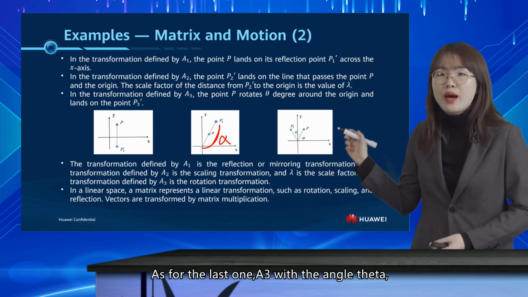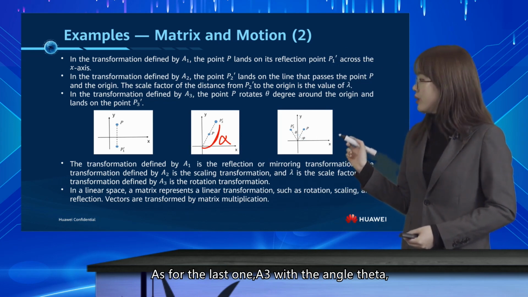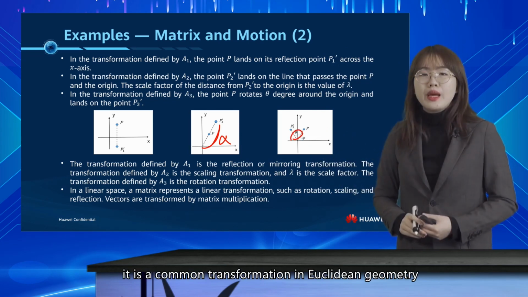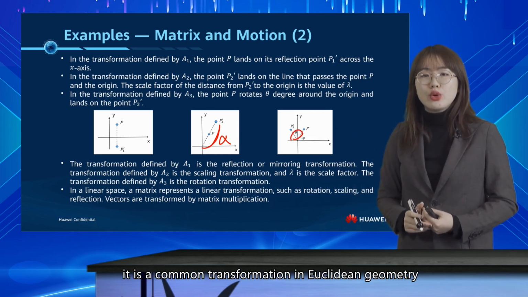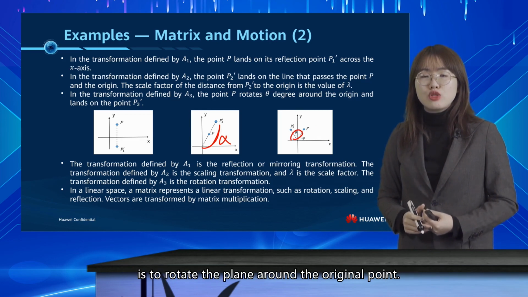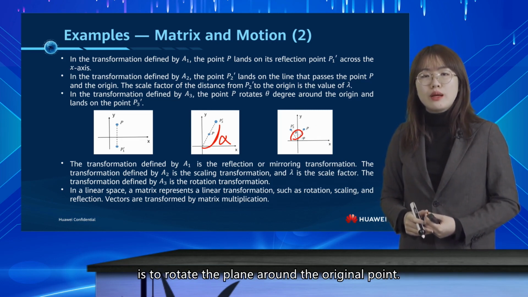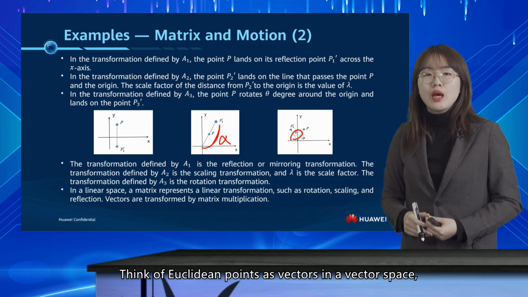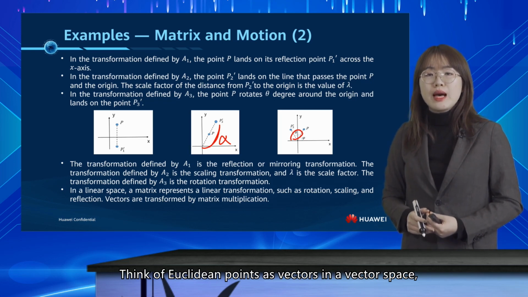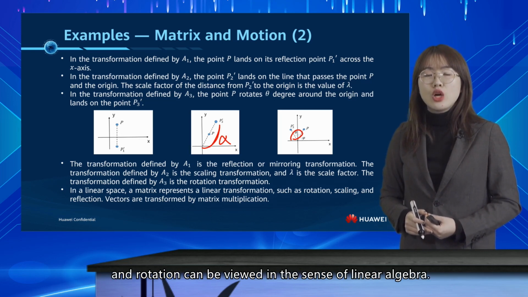As for the last one, A3, with the angle theta, it is a common transformation in Euclidean geometry. It rotates the plane around the original point. Think of Euclidean points as vectors in a vector space, and rotation can be viewed in the sense of linear algebra.